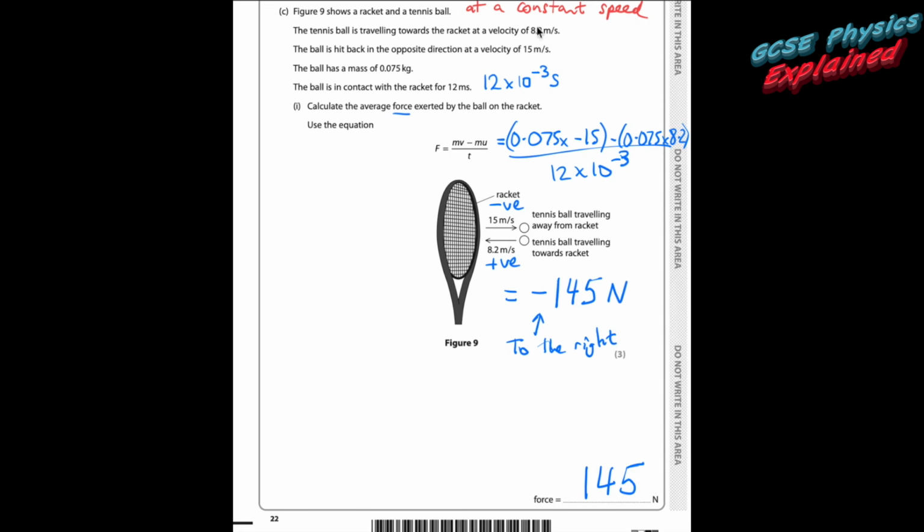145. Now, what if I'd said to the left was negative, which means to the right was positive? Right, let's pop the numbers in and I'll show you. So that 15 will be positive this time, and it'll be the 8.2 that's negative this time.